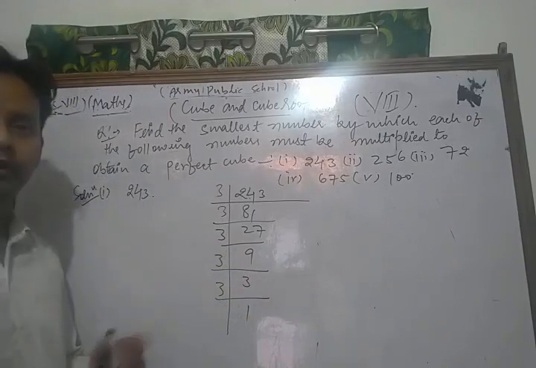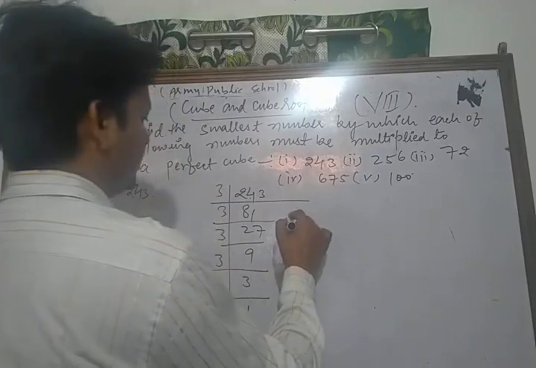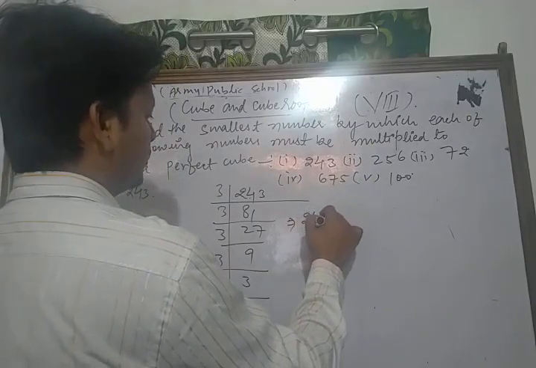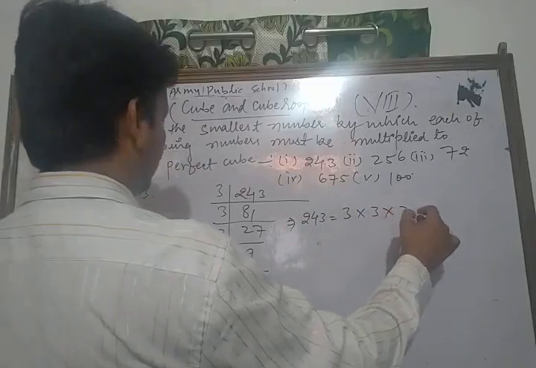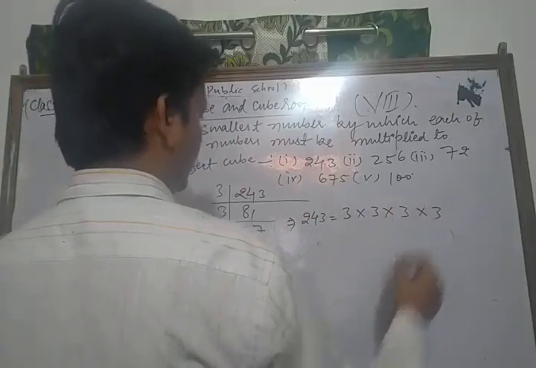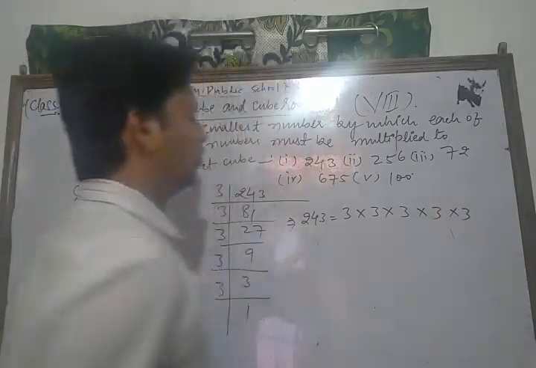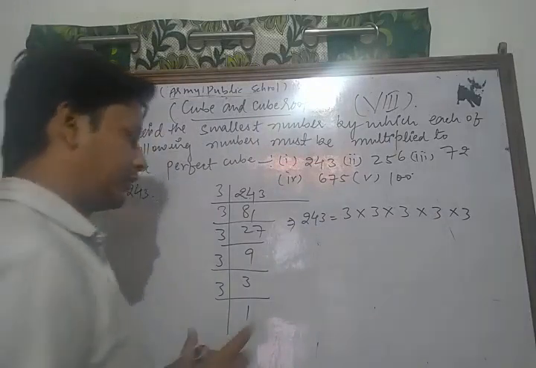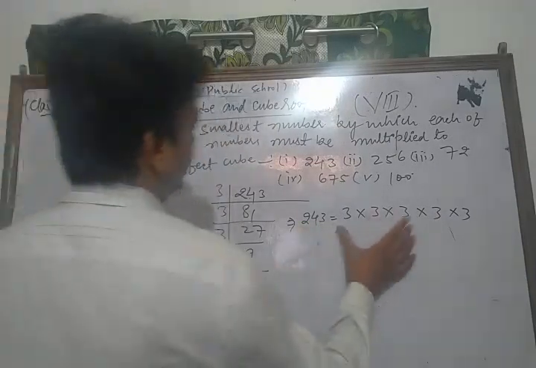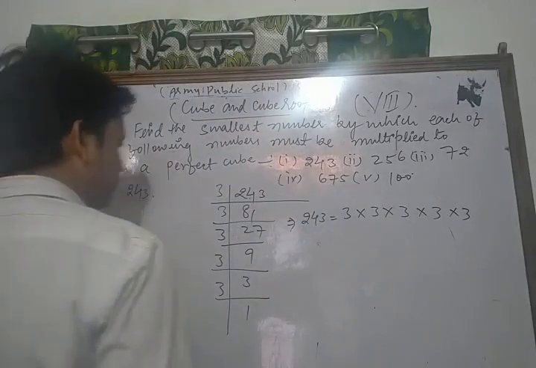Now, by prime factorization, we get 243 as 3 into 3 into 3 into 3 into 3. Now we group the factors in triplets of equal factors.